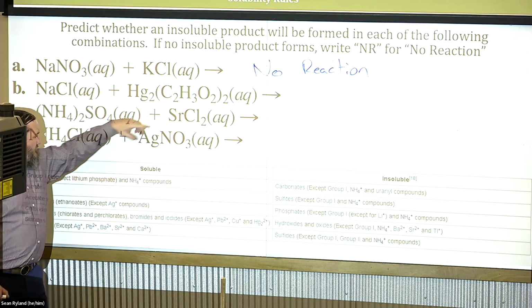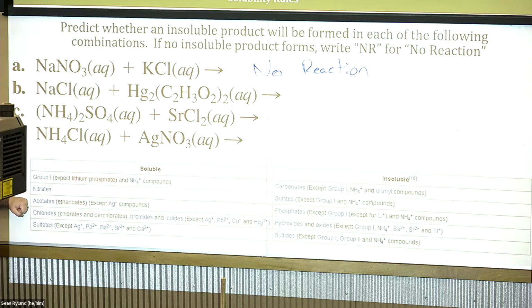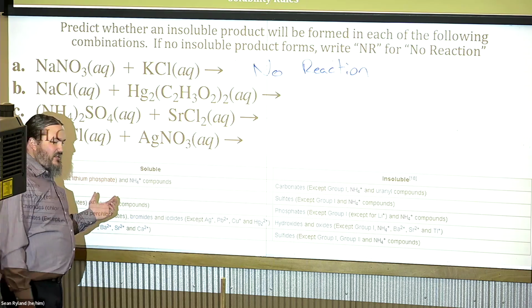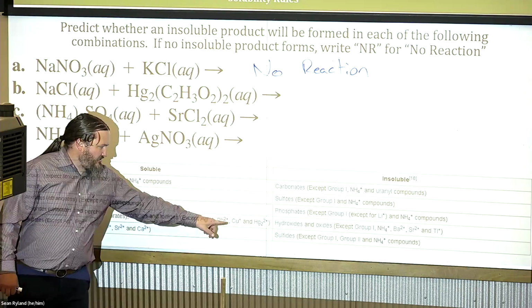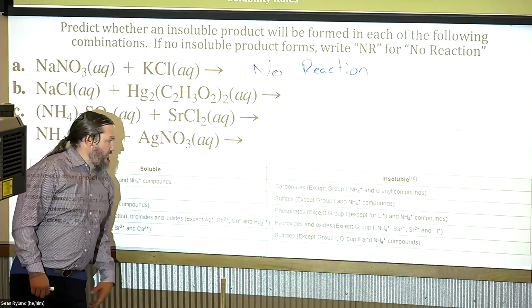And we know, we come down here, acetate is also always soluble, with the exception of silver acetate, which is still soluble, it's just less soluble, going back to what I was saying earlier. These are all approximations, but we don't have any silver involved here, so we don't need to worry about that right now. So chlorides are soluble except for silver, lead 2, copper 1, and mercury 1.